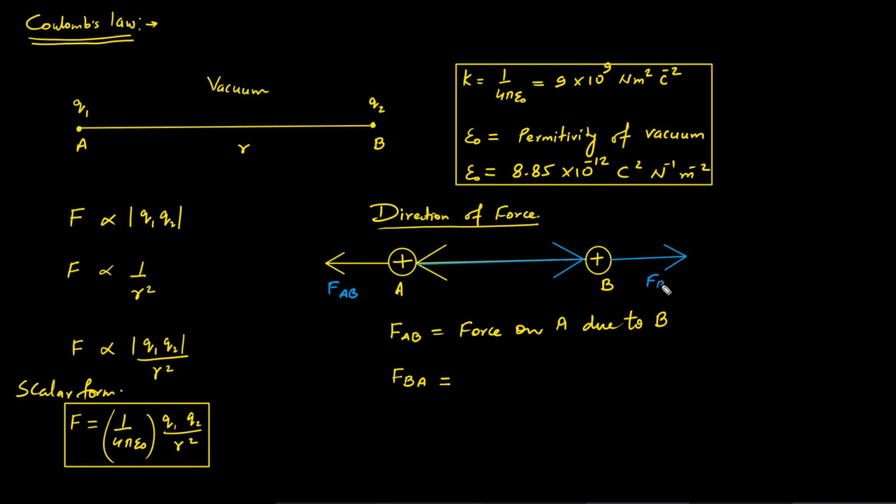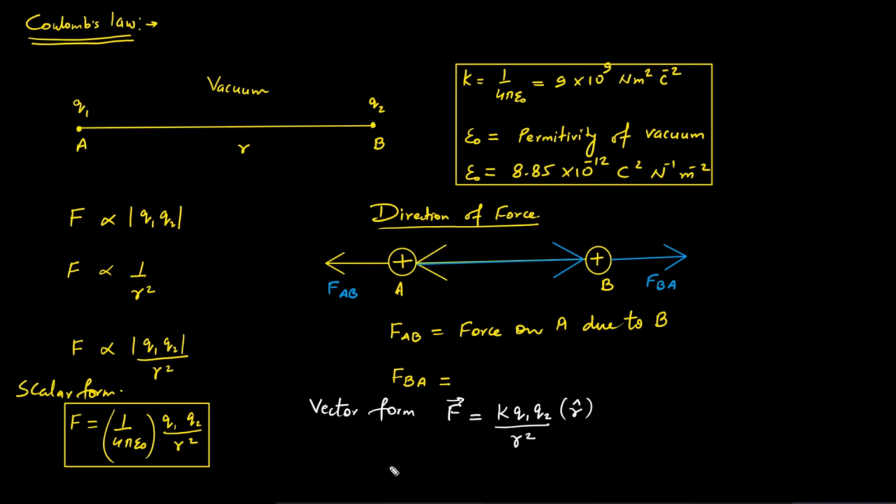Now we will talk about the vector form of this Coulomb's law. For vector form, we write F vector equals K Q1 Q2 R cap upon R square. Now remember that whenever a unit vector is in the numerator, that is not the complete vector form.